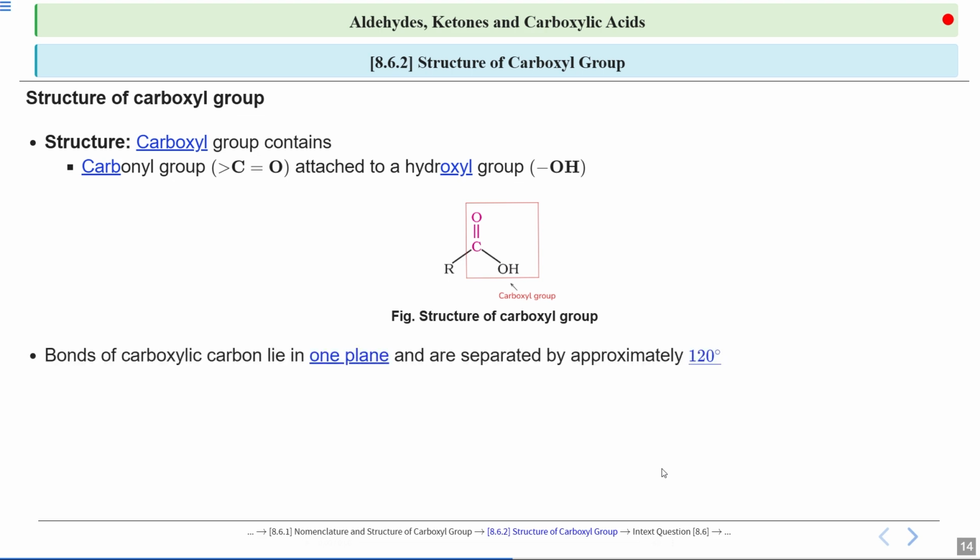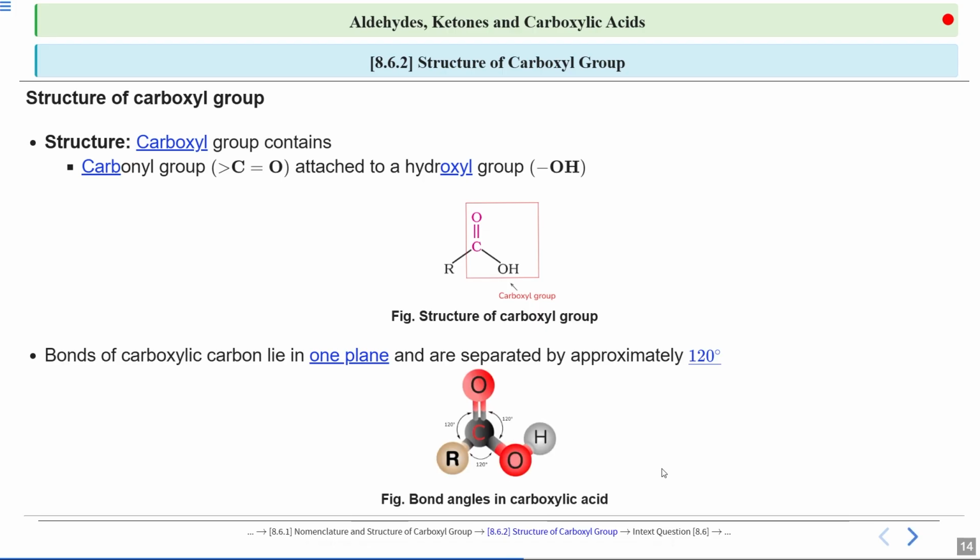Now we have already learned that the bonds around the carboxylic carbon lie in one plane and are separated by approximately 120 degrees. So this structure is a planar structure. If you look at this diagram, it will help you visualize.